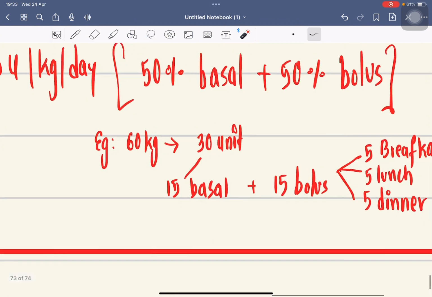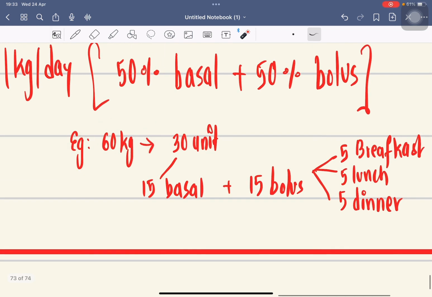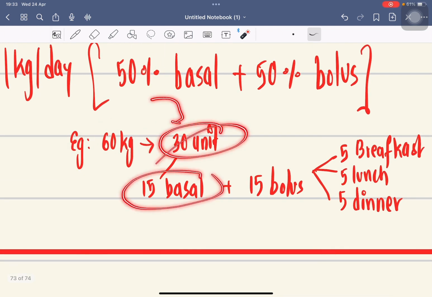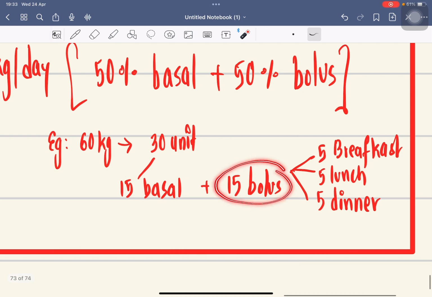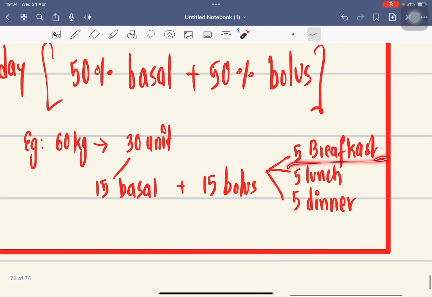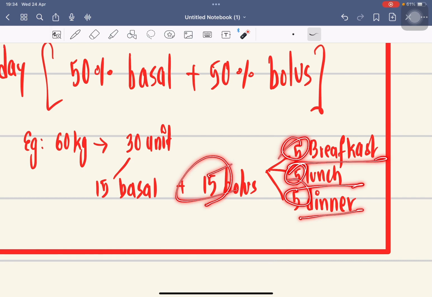For example, if the person is 60 kg, 50% means 30 units will be given as basal at night, and bolus 15 should be given before breakfast, before lunch, and before dinner: 5, 5, 5, dividing in 3.